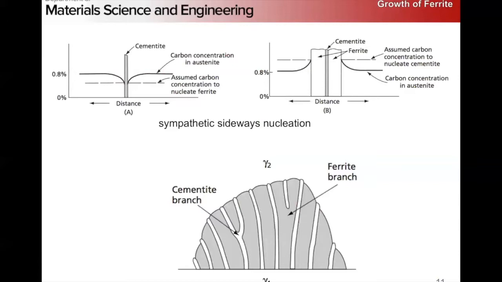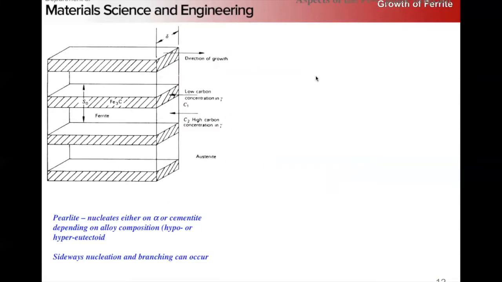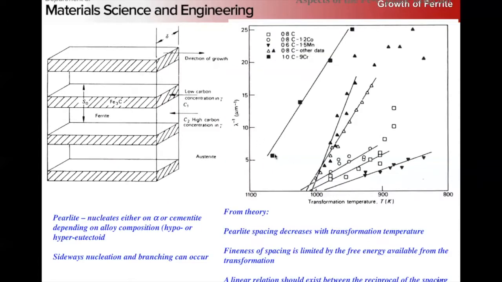So we're going to have a slower moving interface and faster diffusion of the partitioned carbon away, which means that the distance between the cementite laths is going to increase with temperature. And this is where I confused myself completely in lecture.